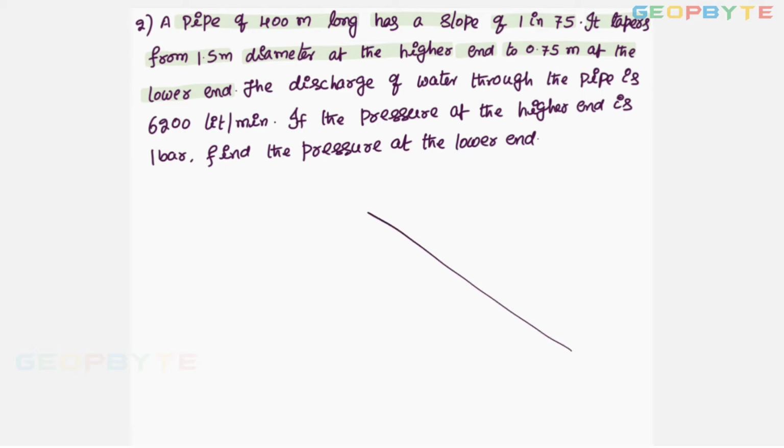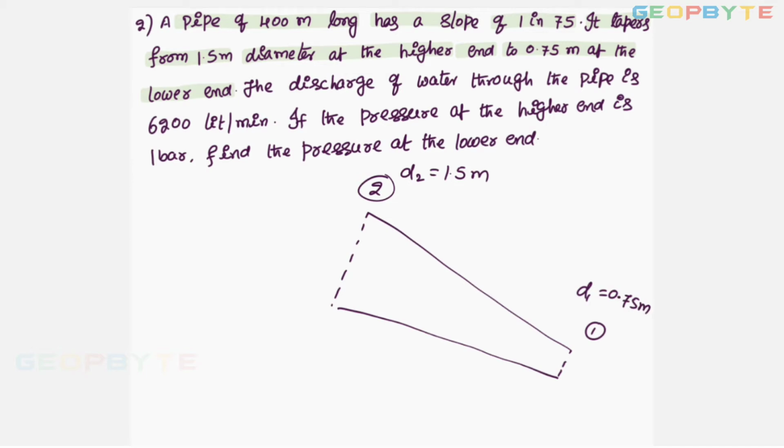This is the upper end, this is the lower end. Let the lower end be section 1, upper end be section 2. Upper end diameter D2 1.5 meter.